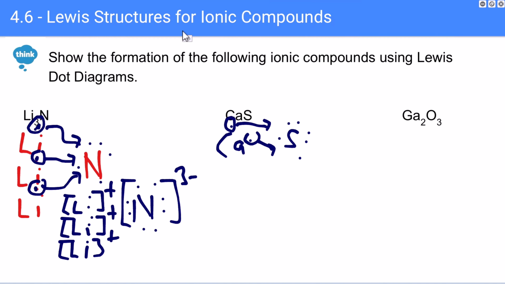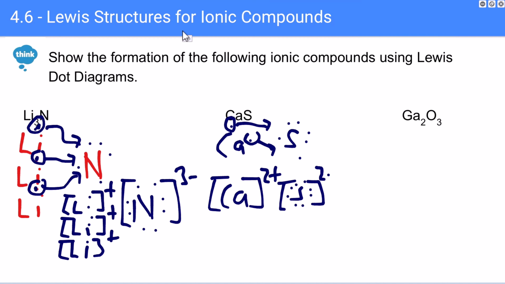And so when we're done, calcium carries a 2 plus charge. Don't forget to include the valence electrons on the nonmetal. Sulfur is going to carry a 2 minus here, and we're done.